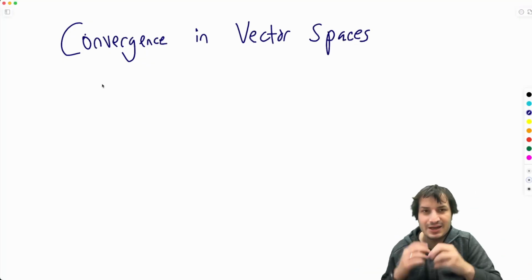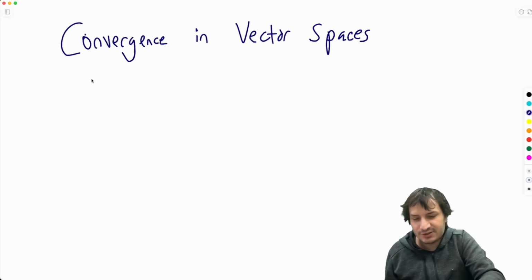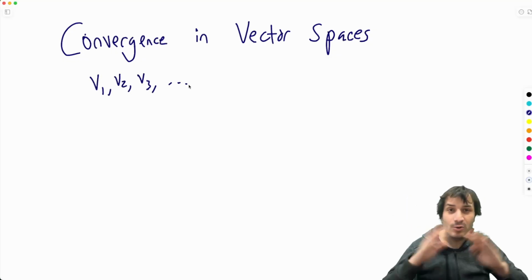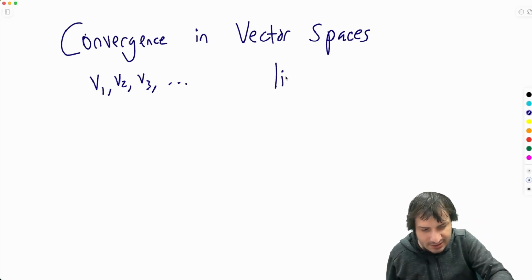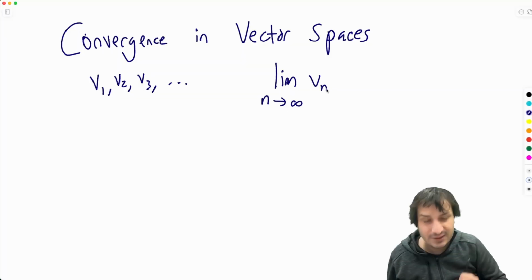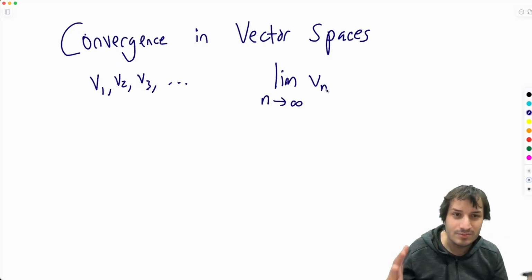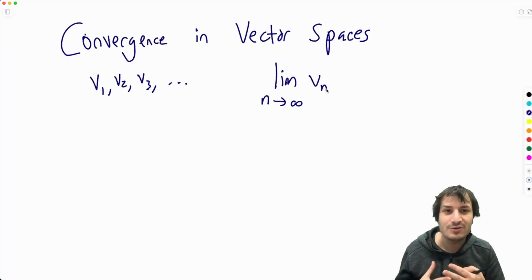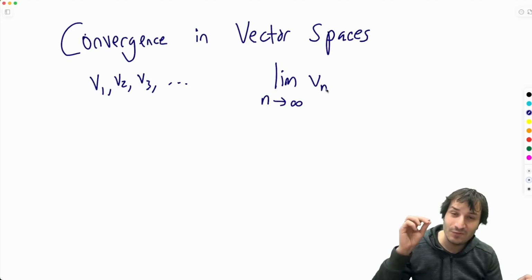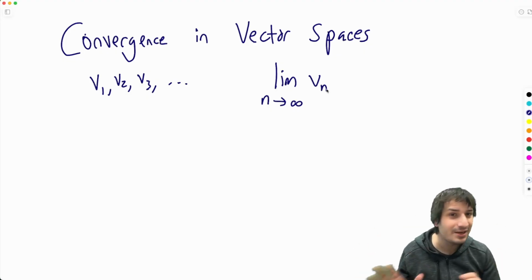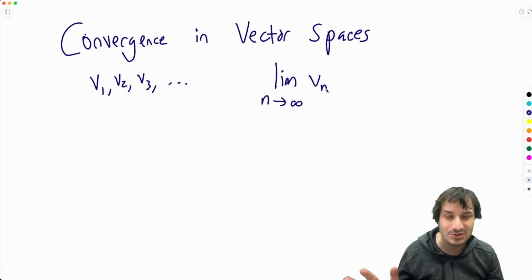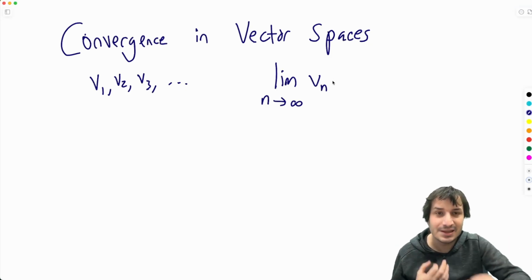So we're going to have not just one vector, but a whole sequence of vectors, v1, v2, v3, and so on. And we want to make sense of the limit as n goes to infinity of the vectors Vn. The thing that makes this hard is we have to do this in our vector space. So the v's might be some very complicated, crazy functions or something, and we want to make sense of what this limit means.